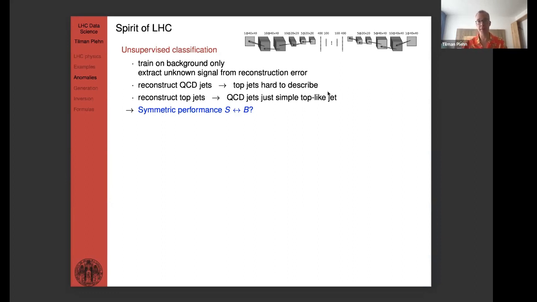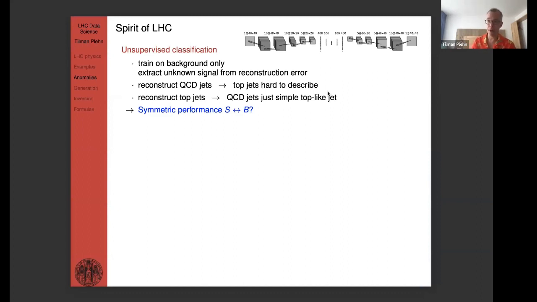Now, as I said, if you look for the machine learning tool that can do that for you, you end up with unsupervised classification, or the tool is autoencoders. From our first autoencoder, I've picked our little picture. What the autoencoder does is map a typical LHC event essentially onto itself, and it compresses it in the middle.